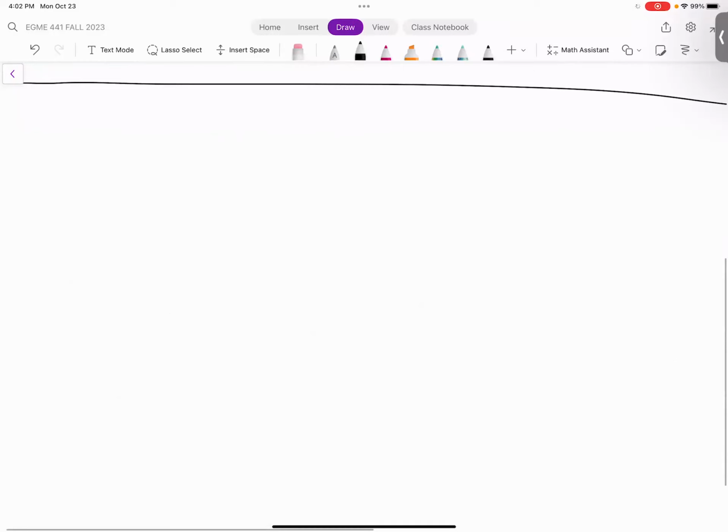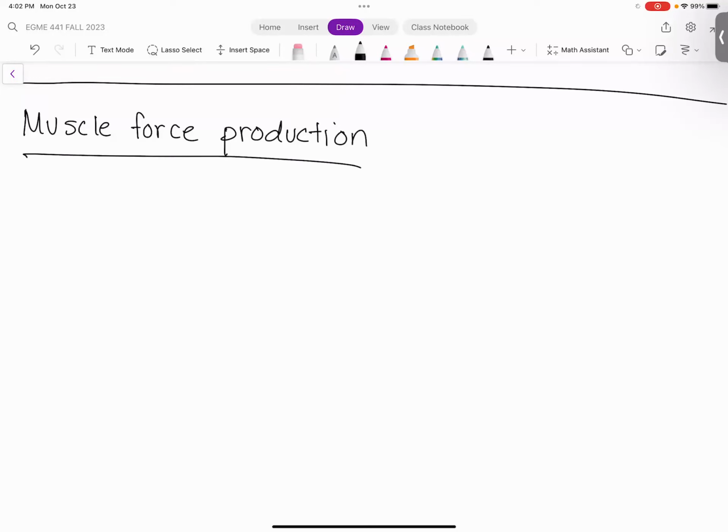What we were talking about last time was a section called muscle force production. Last time we talked about this idea that the amount of force your muscle can generate depends on quite a few different conditions. Not only does it depend on the size and dimensions of the muscle, it also depends on its instantaneous length and the velocity at which it's contracting, among other factors.